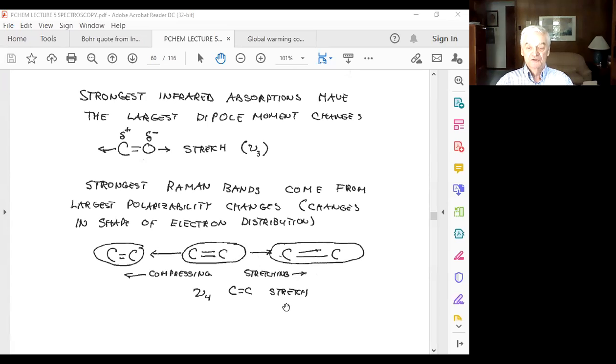I'm going to stop the share, and then we'll go look at dynamic models of the vibrations of this molecule, if I can find them.